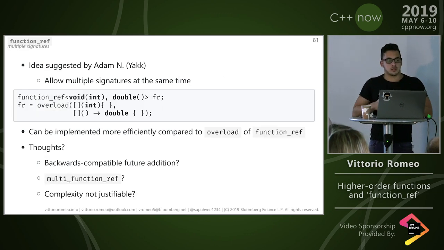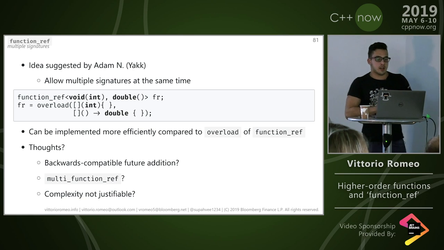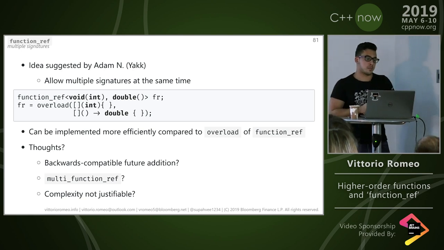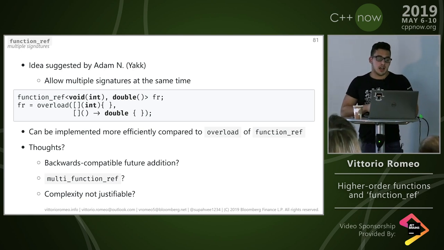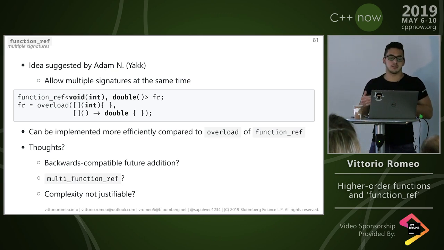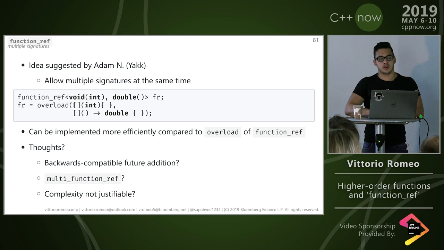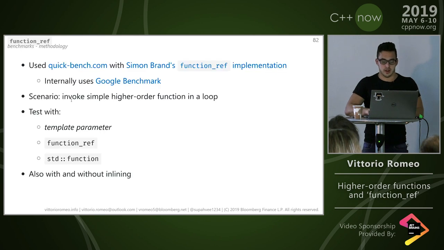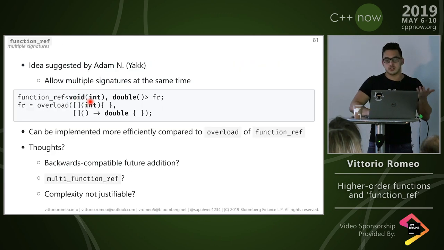One more thing. This was an idea suggested by Adam N. Can't remember his surname, I'm sorry, but he's known as Yak Online. And the idea is that sometimes it's really useful to have multiple signatures at the same time. So what he wants is something like a function ref where you can provide two signatures at the same time, like it takes int and returns void, or takes nothing and returns double. And then you can construct this function ref by providing an overload of those two things.